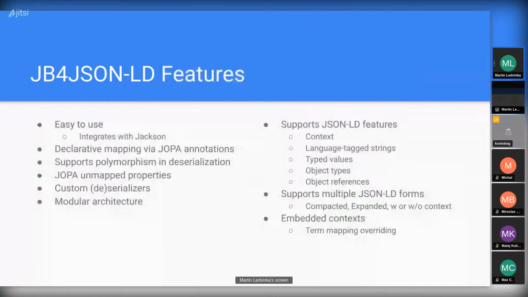So if you, for example, have a class Person with subtypes like User and Employee, and you get some JSON-LD data with the types attribute, which tells what kind of object it is, then you can ask just for type Person, and it will instantiate the correct subclass based on the type in the JSON-LD data.